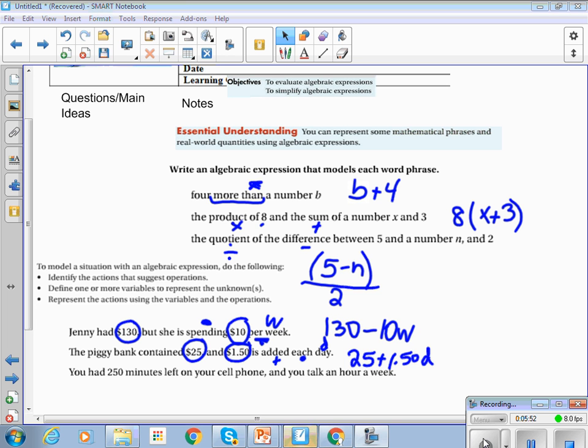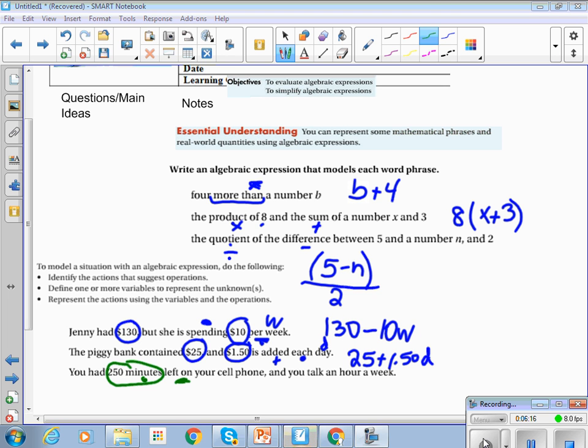The last one, you have 250 minutes left on your cell phone and you talk an hour a week. So we definitely have to use 250. Are we increasing the amount of minutes we have on our phone or decreasing? Decreasing, so that means a minus. We talk an hour a week, but I got a problem here.